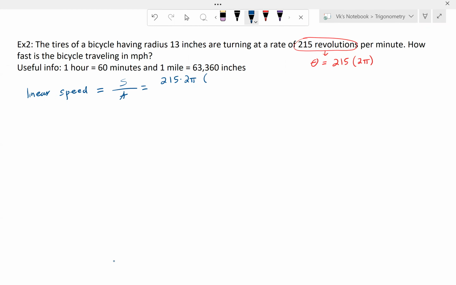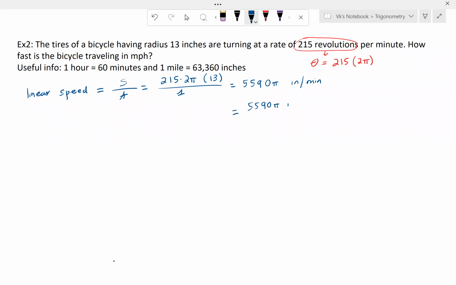The radius is 13 inches. And the time it takes is 1 minute. This will give us 5590 pi inches per minute. Well, it's not a nice number, which is why we have to do the conversion.